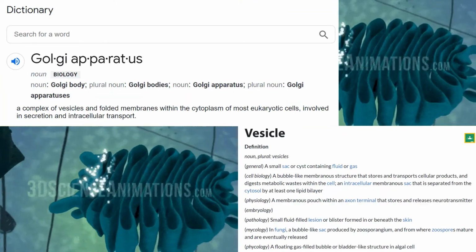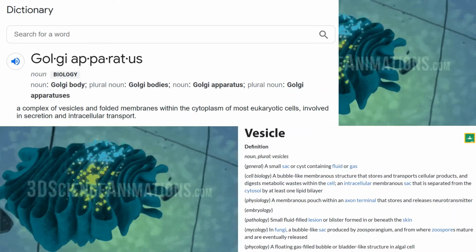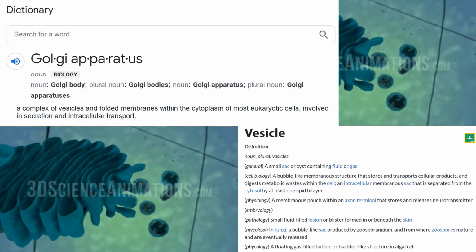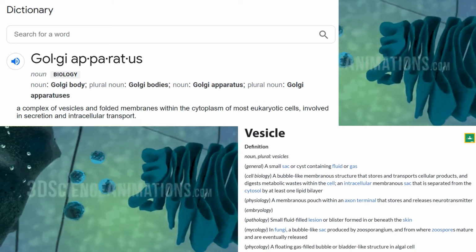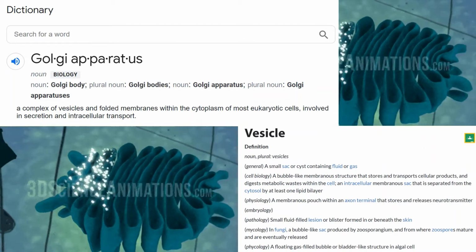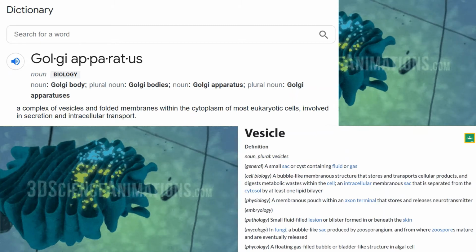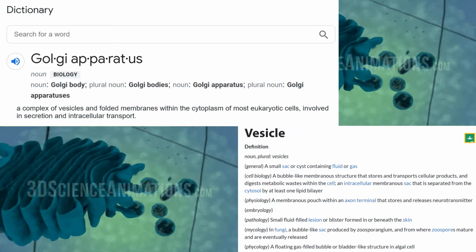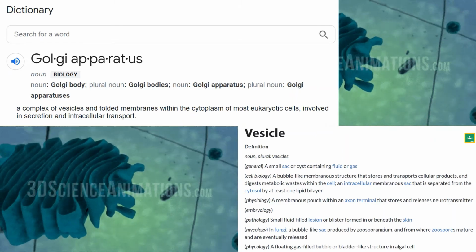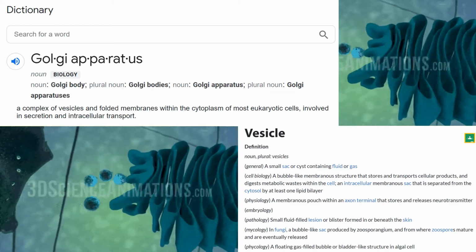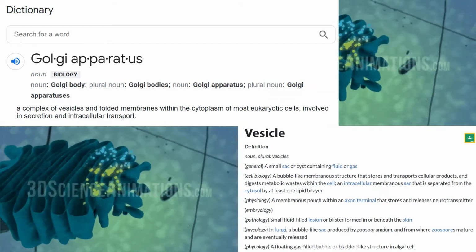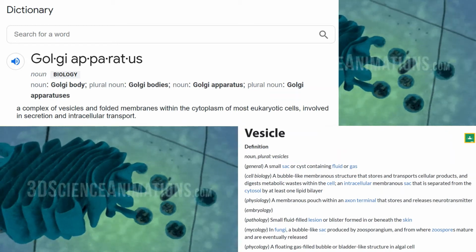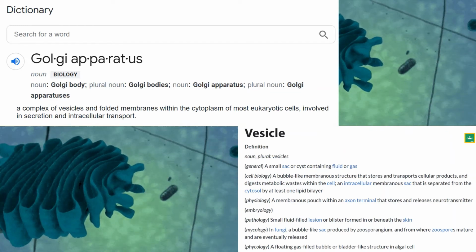Golgi apparatus. It's a complex of vesicles and folded membranes within the cytoplasm of most eukaryotic cells, involved in secretion and intracellular transport. If you look at this GIF, the Golgi apparatus makes tiny little balls of cell membrane around larger molecules that are important. Could be proteins, could be certain nutrients, whatever it is.